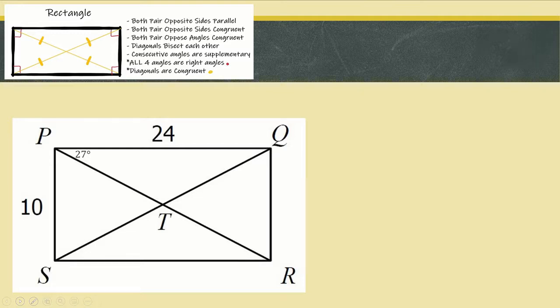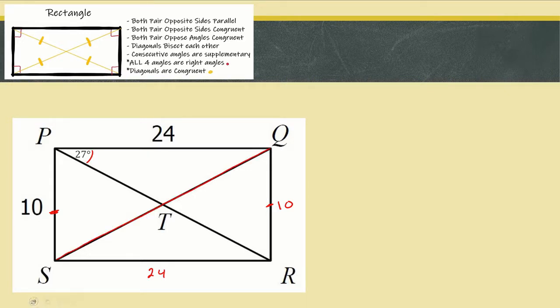So we have another problem, and in similar fashion, we're trying to figure out everything that we can, right? And so to start off with, opposite sides are going to be congruent. So that's 10, that's 10. This bottom part is 24 and 24. And so we're going to go ahead and find the measurement of this diagonal here.